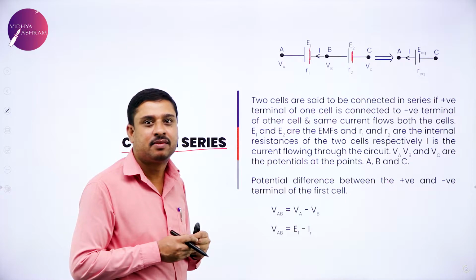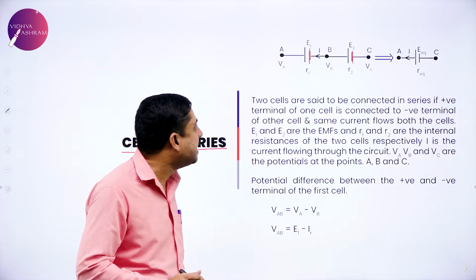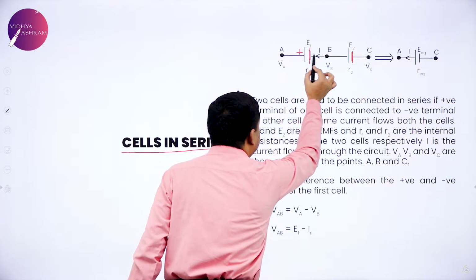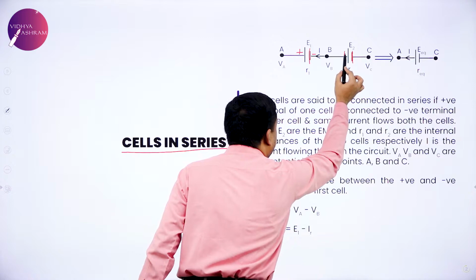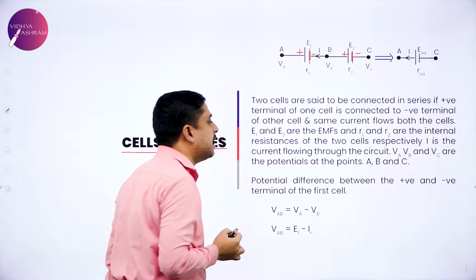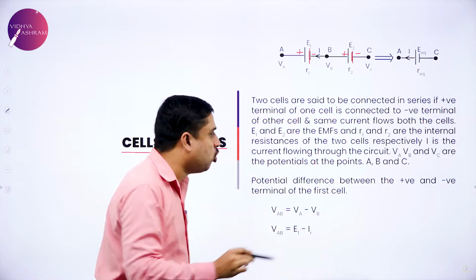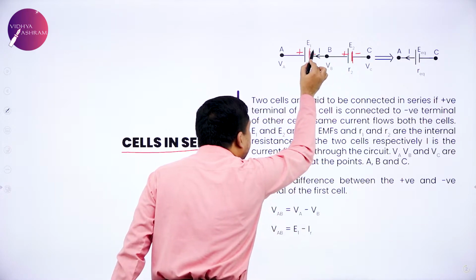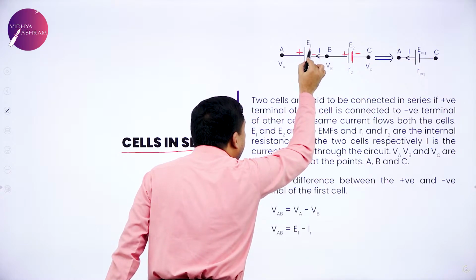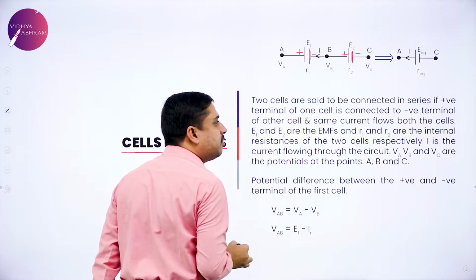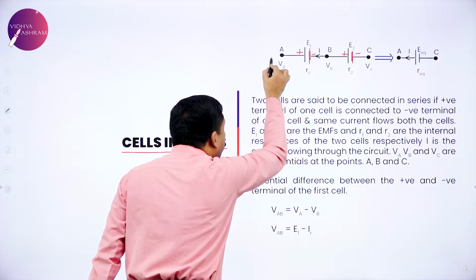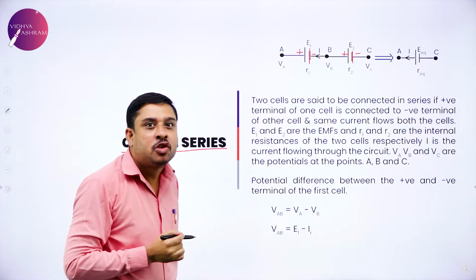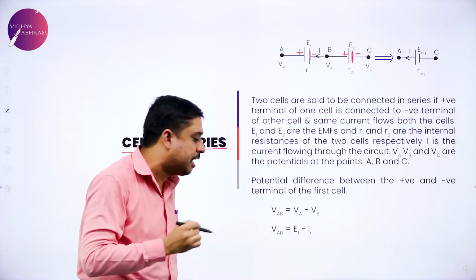Now let us learn the two conditions under which two cells are said to be in series. If you observe the circuit, this is the positive, this is the negative, longer line positive and negative. Observe, students, the positive of one cell is connected to the negative of the other. Again here, positive of one cell is connected to the negative of the other.